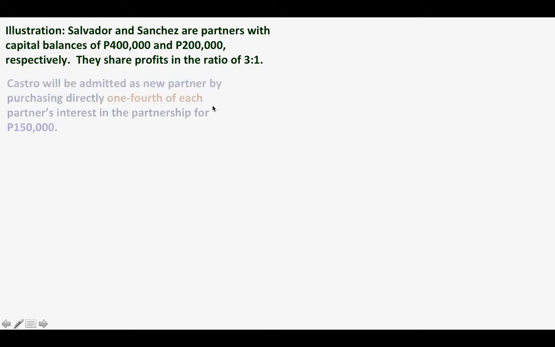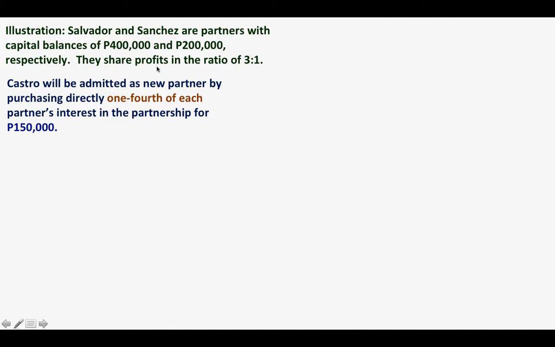Okay. So, class, take note that the ratio is not based on the capital balances. So if the profit ratio is given, we have to use the given profit ratio.